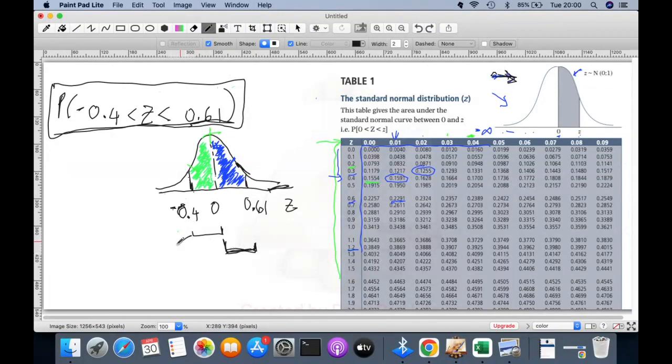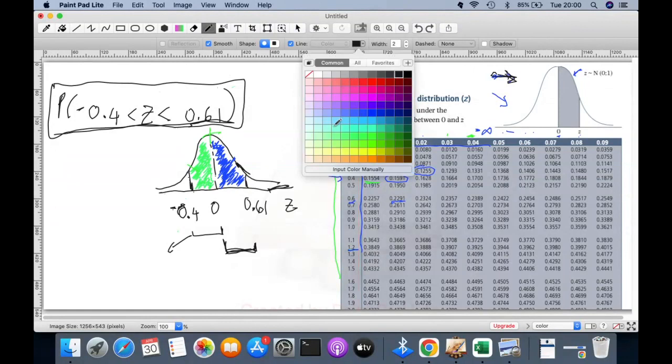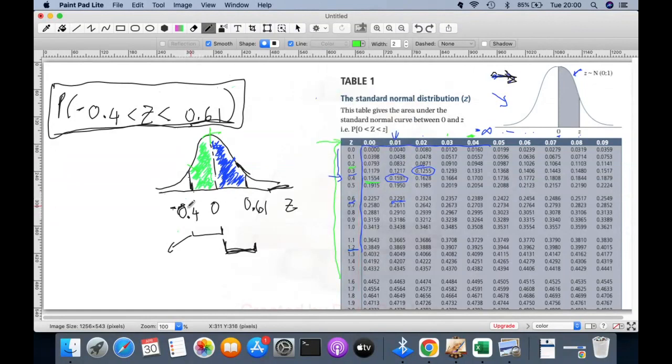So this part here, let me put it in green. This part is the probability going from negative 0.4 to 0. That's this part here.